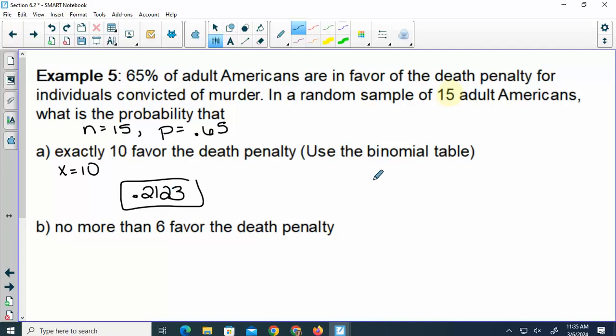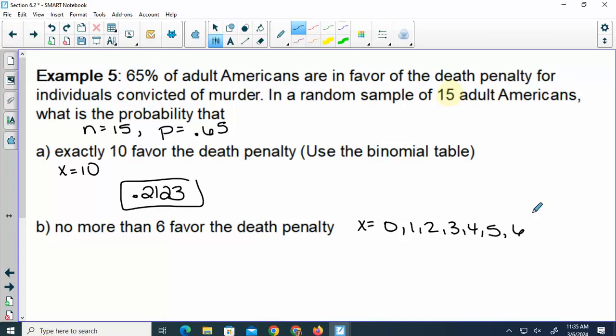B, no more than 6. So what can x be? So 0, 1, 2, 3, 4, 5, 6. So you're going to that, and we are going to add up. The first few you notice say 0, 0, 0, 0 with a plus.